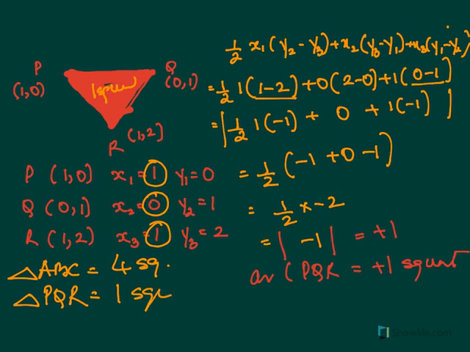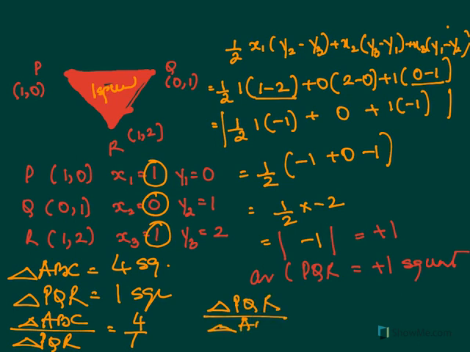So what would be the ratio? Area ABC over area PQR will be 4 over 1. Or if you do PQR over area of ABC, I think we should be doing PQR over area of ABC, that will be 1 over 4.